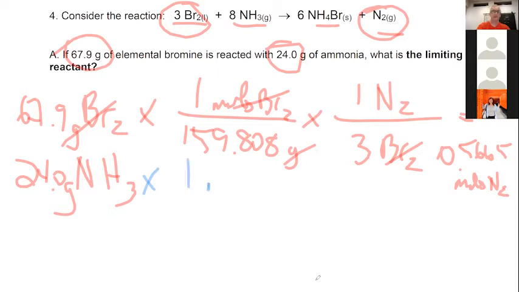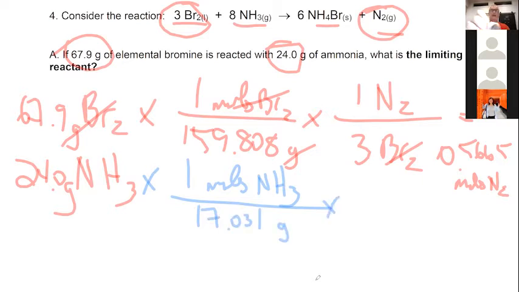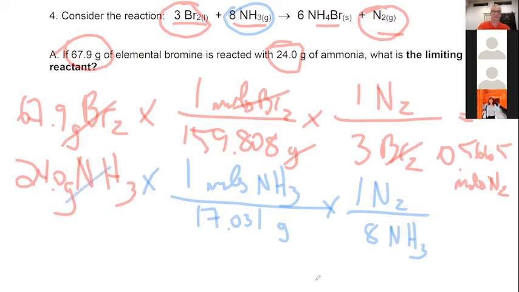So I want moles of ammonia. And the molar mass of ammonia is much smaller, 17.031 grams. Now, for every 8 moles of ammonia, I only make 1 mole of nitrogen. So then I get grams of ammonia, moles of ammonia, and I'm left with moles of nitrogen.